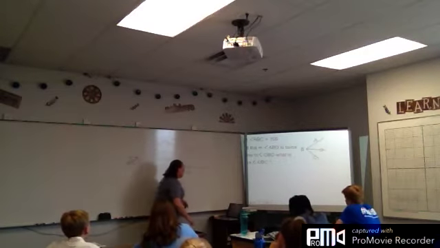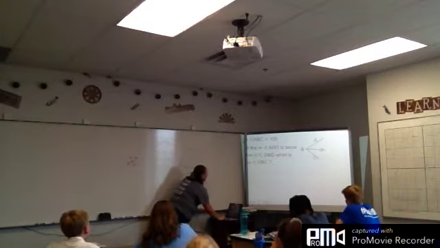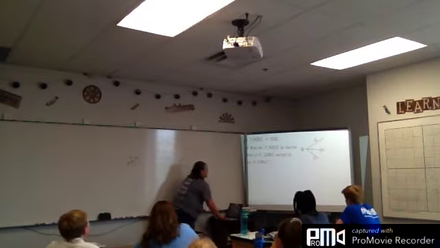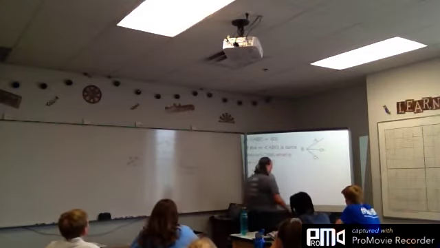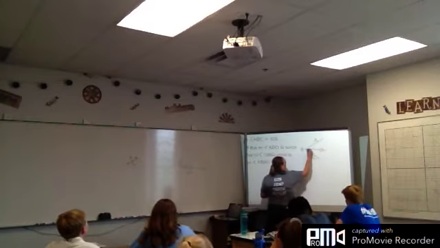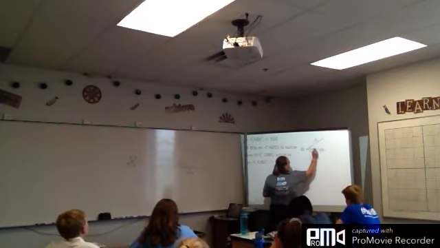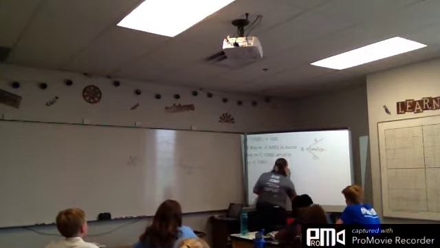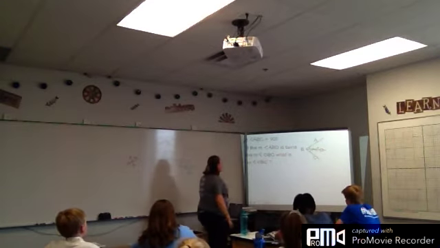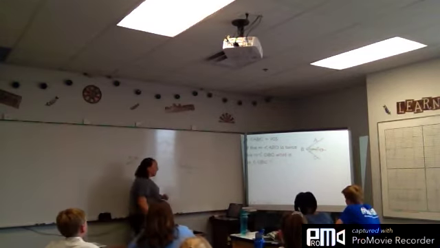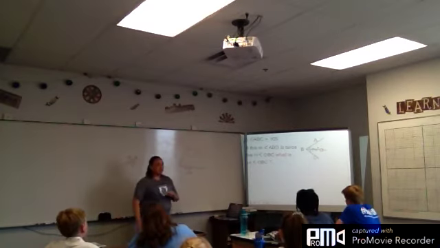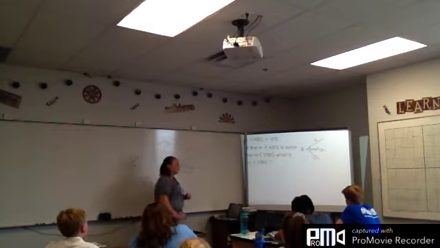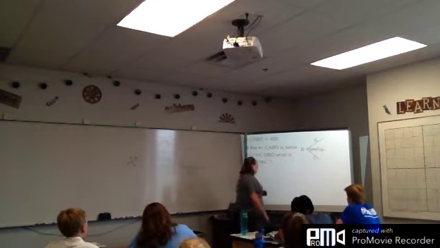Okay. The measure of angle ABC is 105 degrees. So ABC, this whole thing, is 105 degrees. Then it says if the measure of angle ABD is twice the measure of angle DBC, what's the measure of angle DBC?